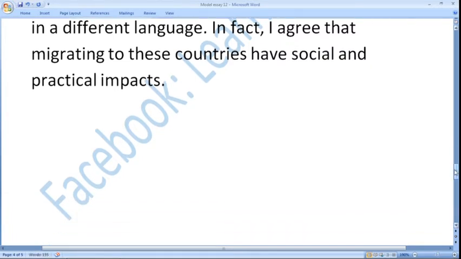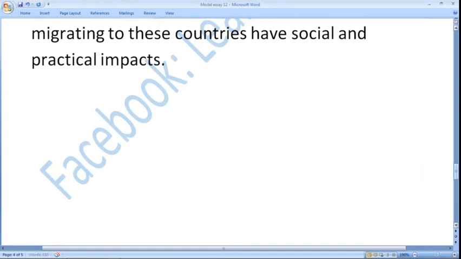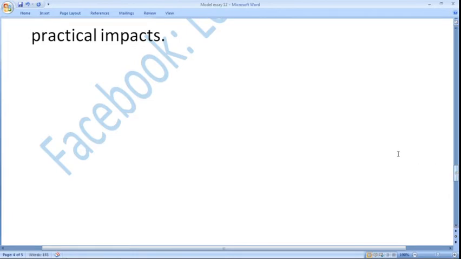We have to go for body paragraphs. Firstly, from a social point of view, and in my first paragraph I am going to write about social problems.